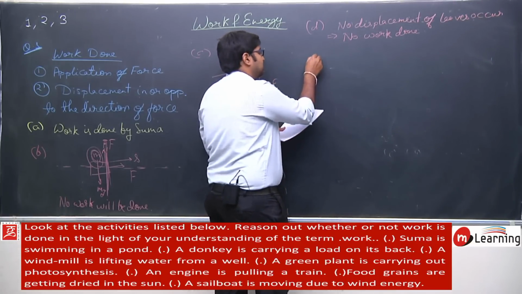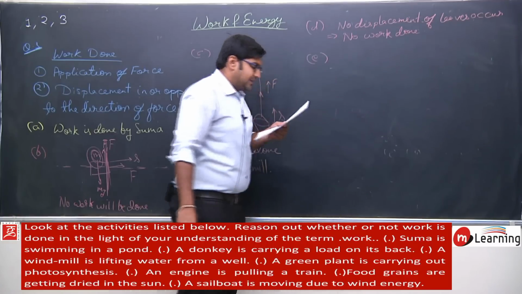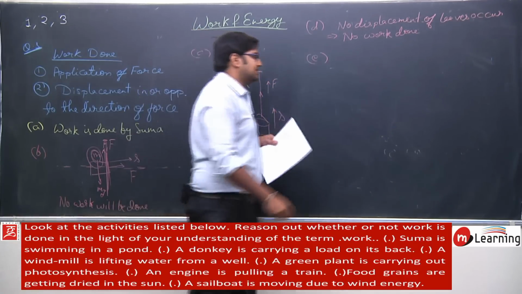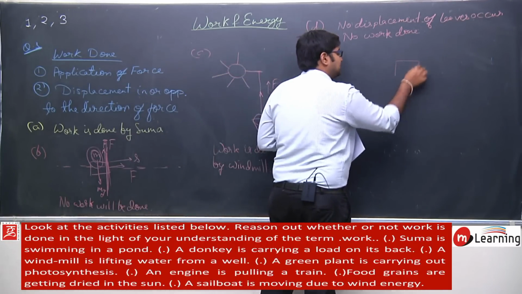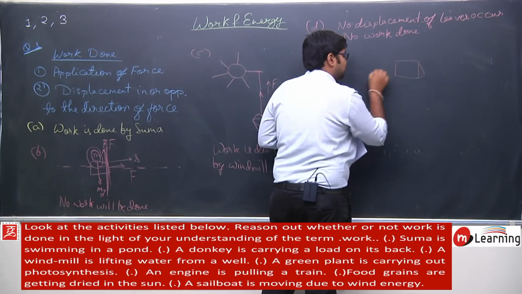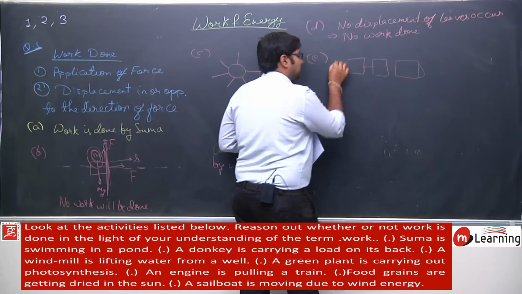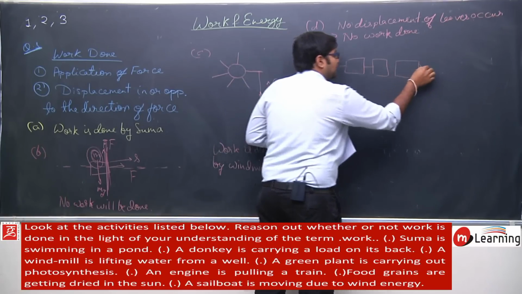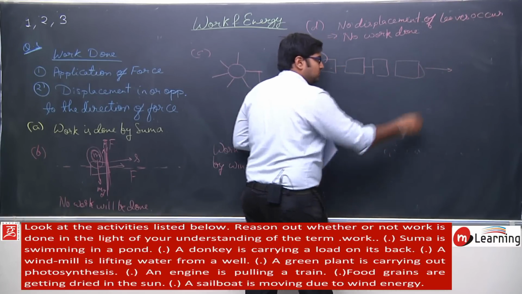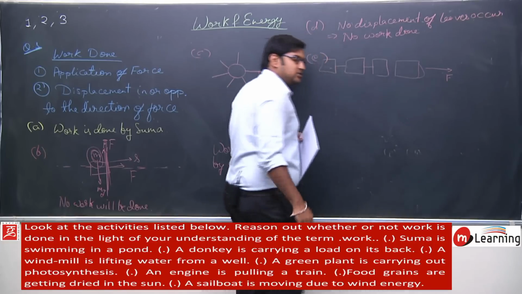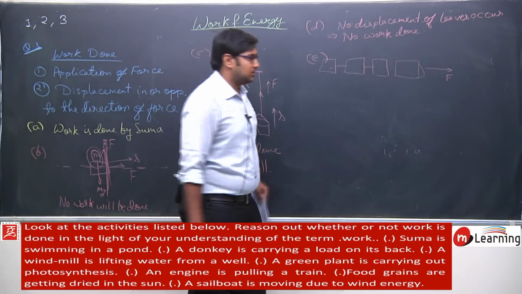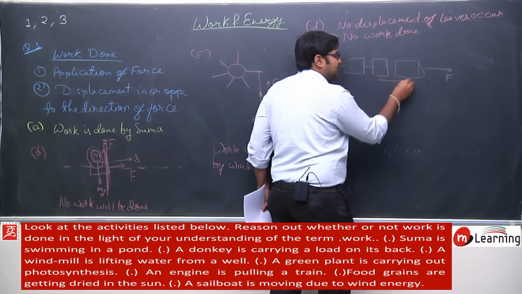Now the next is E. An engine is pulling a train. Let us suppose this is an engine, pulling a train at the back. This is a train connected like this. Now the engine is pulling in this direction. So this is the direction of force, this is the application of force, and the train is also moving in the same direction.